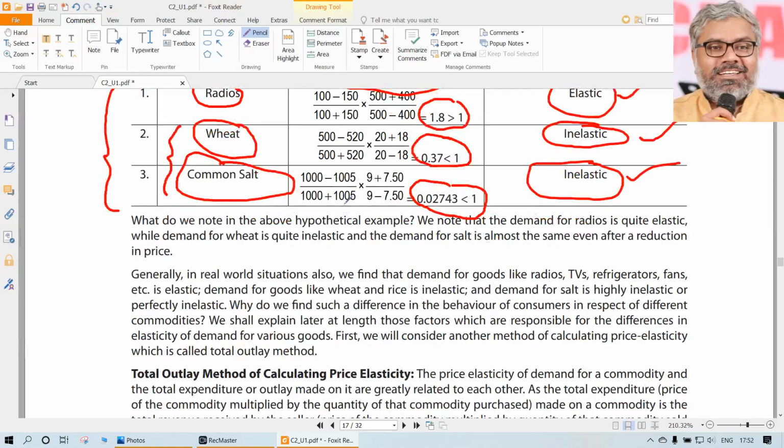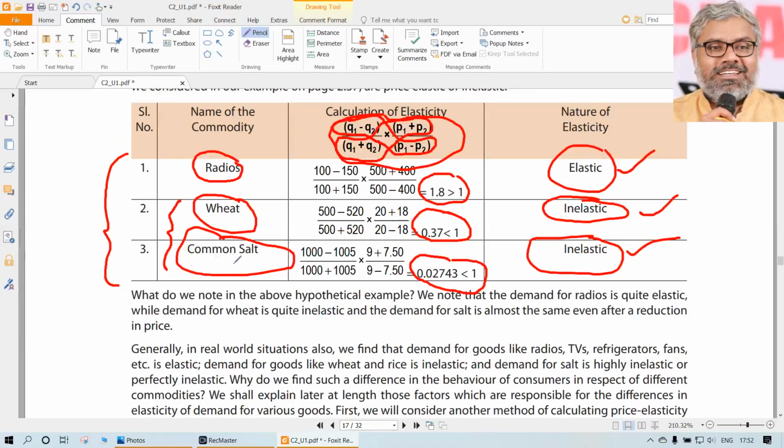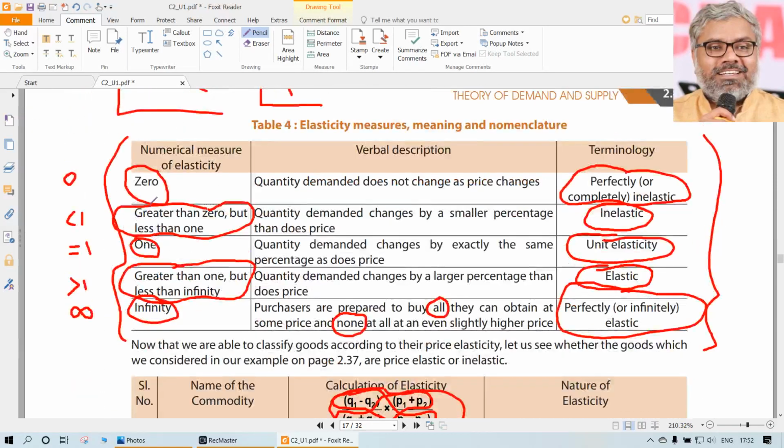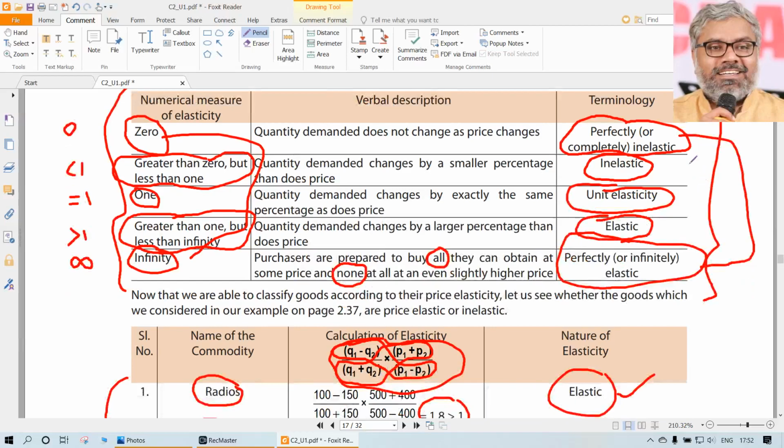If it is zero, then we can say it is perfectly inelastic. Once again, perfectly inelastic (zero) and perfectly elastic (infinity) are only useful for imagination purposes. Practically, it is not possible to find either kind of product. It is only theoretically possible.